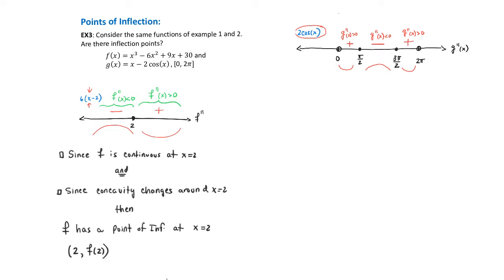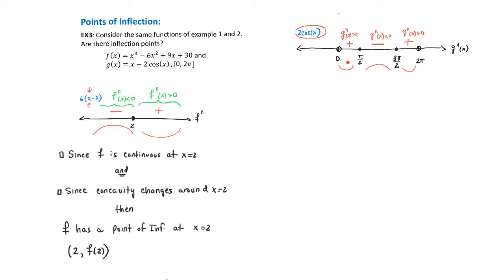I am going to skip calculating f of 2, but if you actually need to know the value, then you know that you're going to go back to the original function, plug in 2 everywhere you have an x, do your calculations, and boom, you have the y value. For the other function right here, for g of x, which is this function made up of x and a trigonometric function, we found that this was the second derivative analysis for that function.